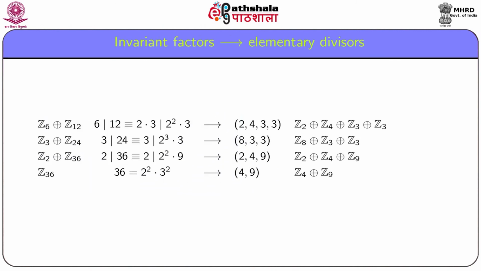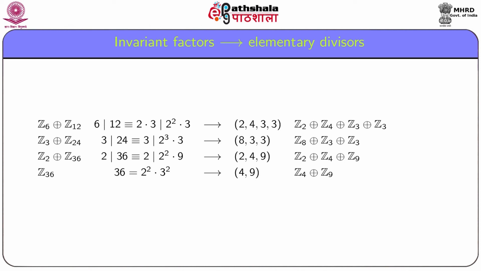Now, if we are given invariant factors, how can the elementary divisors be found? Suppose Z6 plus Z12 is a finite abelian group we are given. Then from 6 divides 12, we get 2 into 3 divides 2 square into 3.